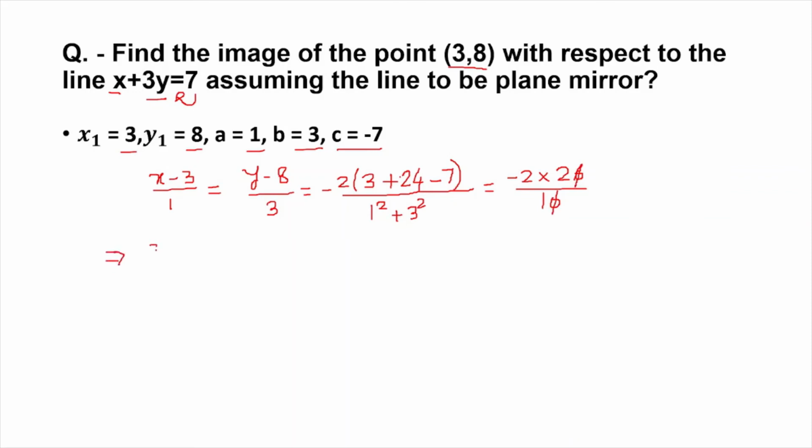So this will be (x minus 3) is equal to (y minus 8) by 3 is equal to minus 4. So the value of x is equal to minus 1, y is equal to minus 12 plus 8 is equal to minus 4.